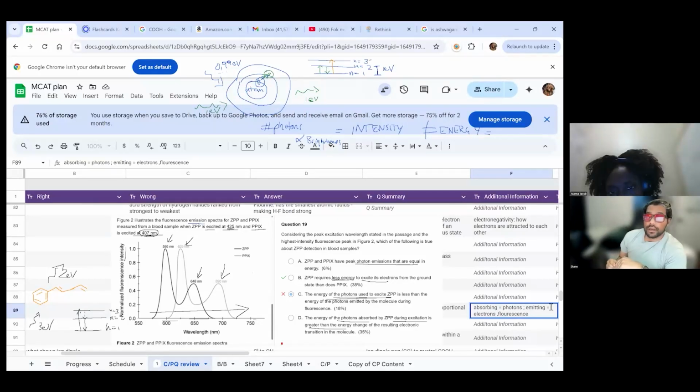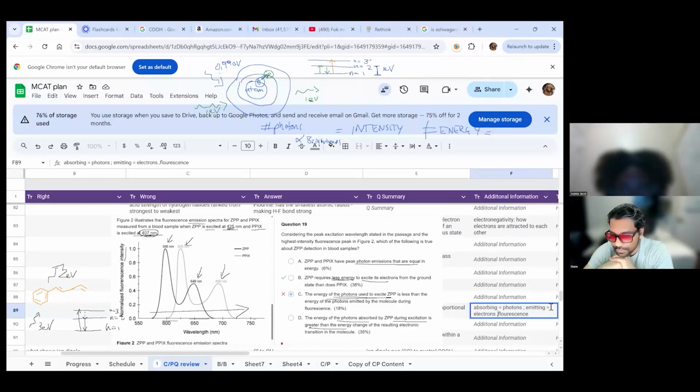Wait, remember, are you talking about intensity or energy? Energy, because it will be higher energy with the photons absorbed.